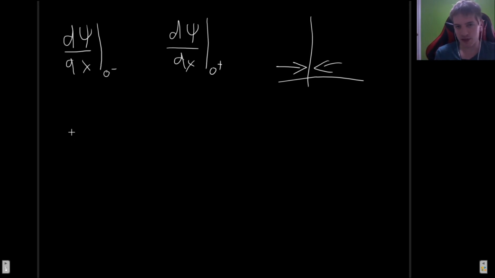So if you didn't think of this the first time, really don't worry, that's perfectly normal. So the Schrödinger equation has this d squared psi dx squared.